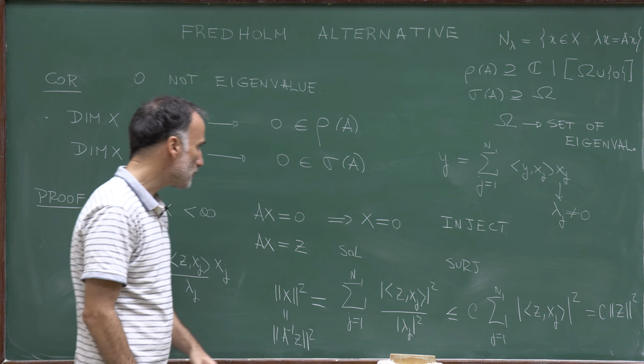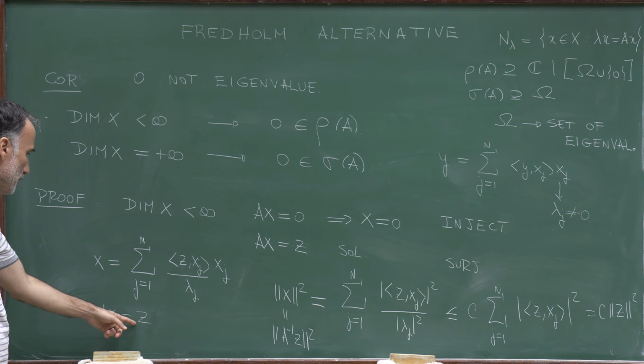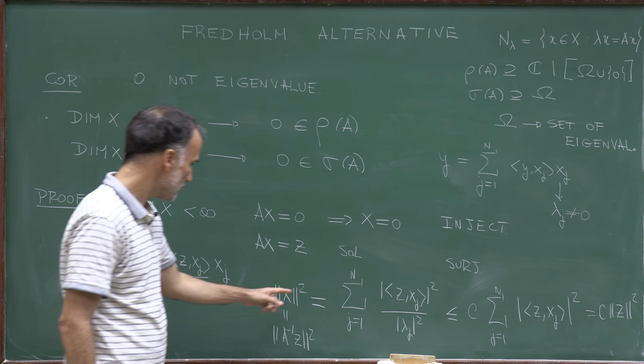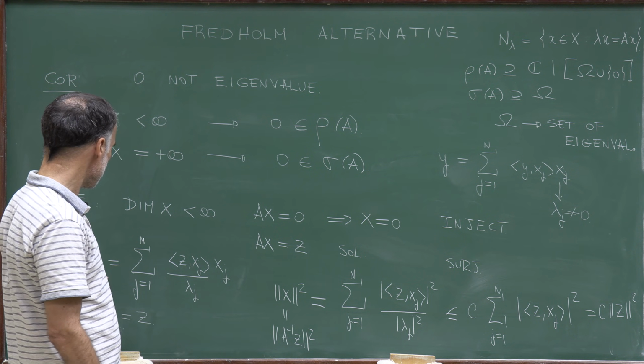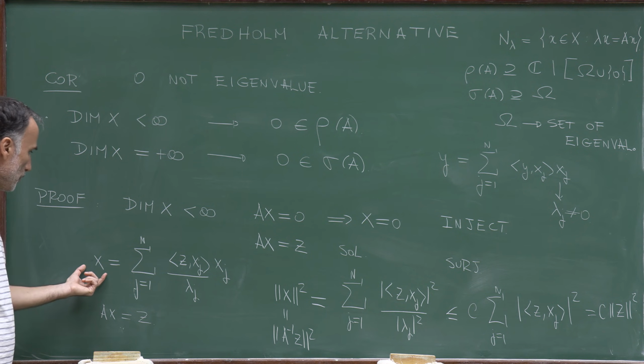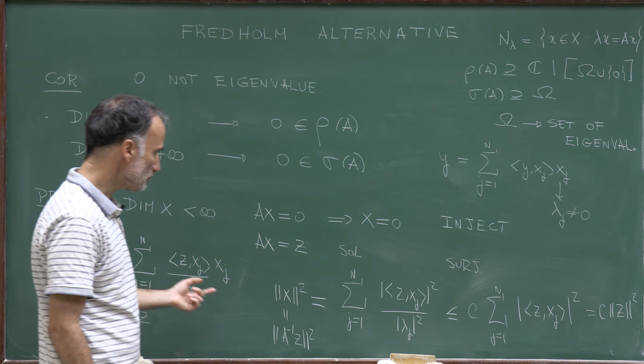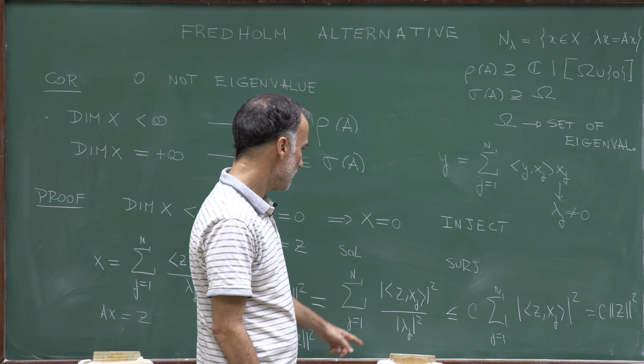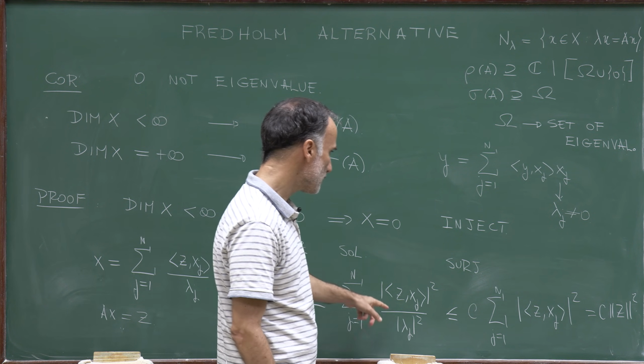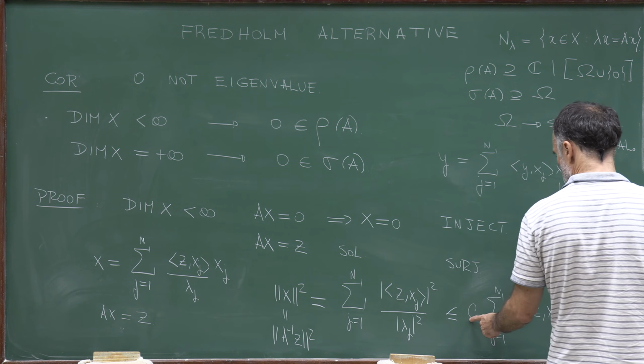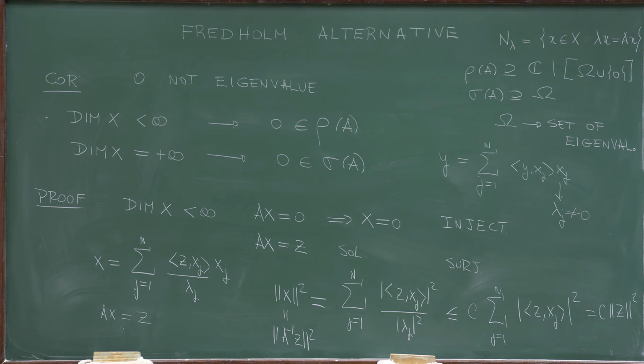So let's look at A minus 1 z, but A minus 1 z is x. X is given by this expression, so the square of the norm of x is given by this sum. And since the lambda j's are finite, this sum is bounded by a finite constant, which depends on lambda 1 and lambda n, times the norm of z squared.